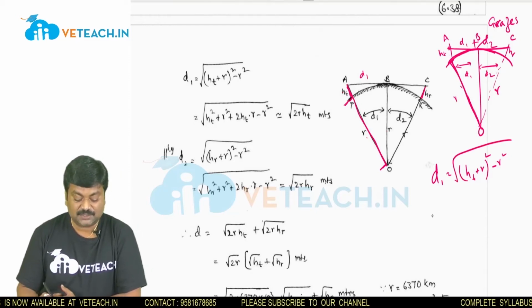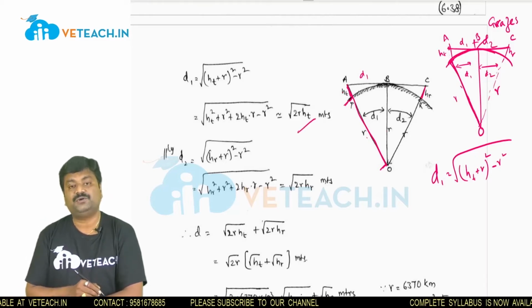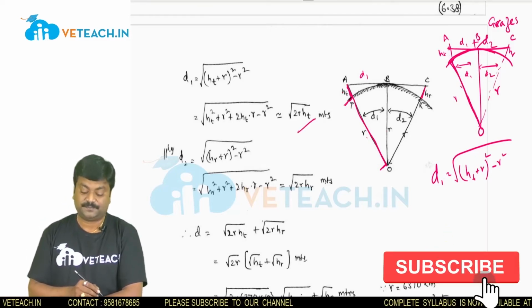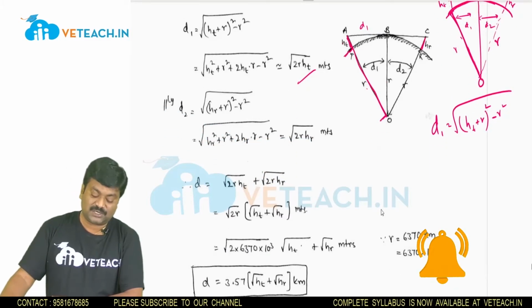So d1 is the square root of 2r ht, and similarly d2 is the square root of 2r hr.